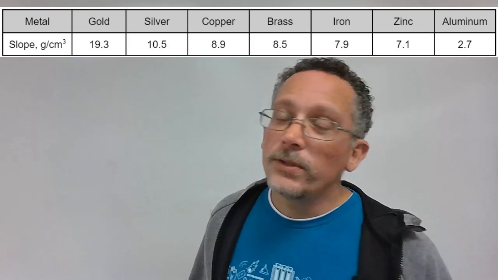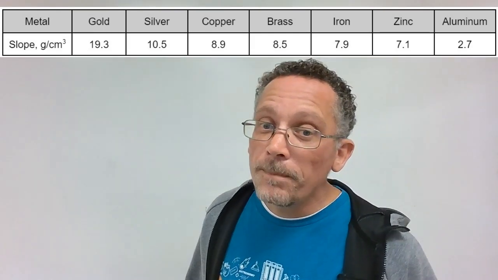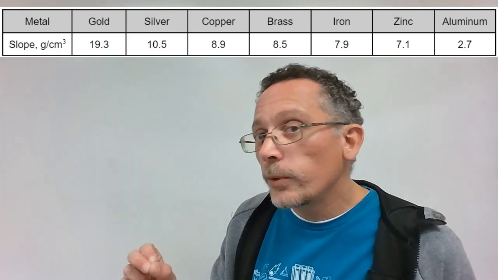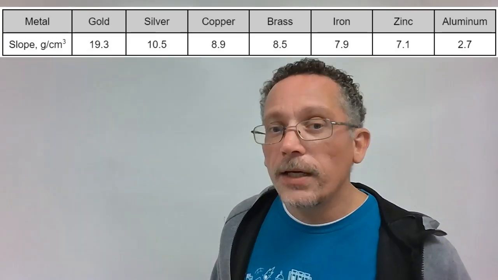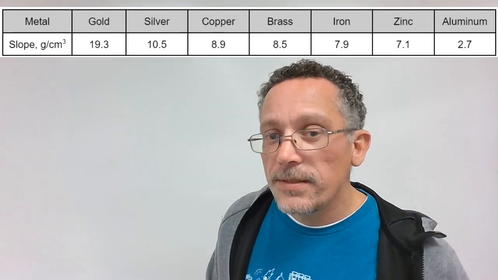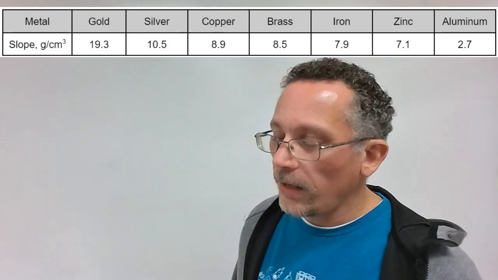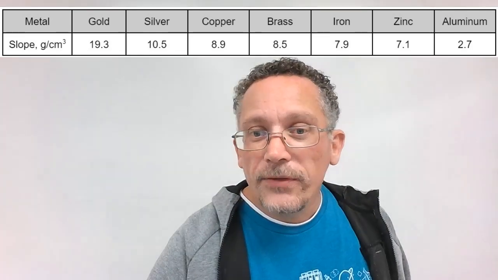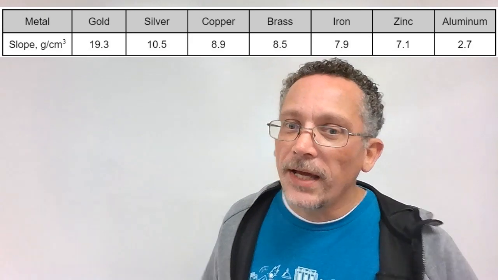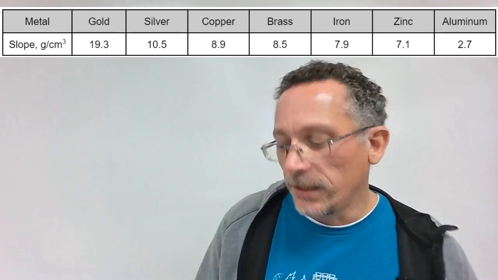Our metal was actually brass. Maybe our slope is a little high because we couldn't measure the volume more carefully. Maybe if we could have done that, we would have gotten closer to the density of brass, but it was brass. It was not gold. If you had the silver sample, then it was not actually silver. It was actually zinc.